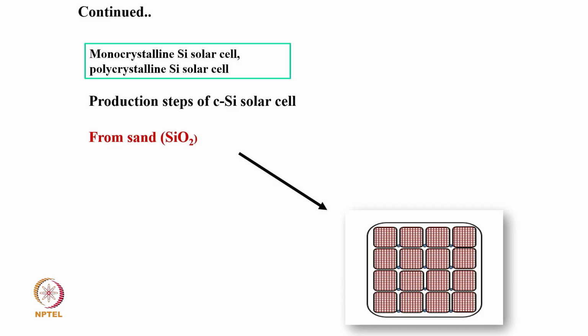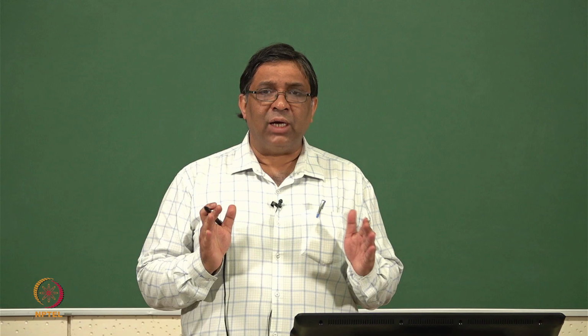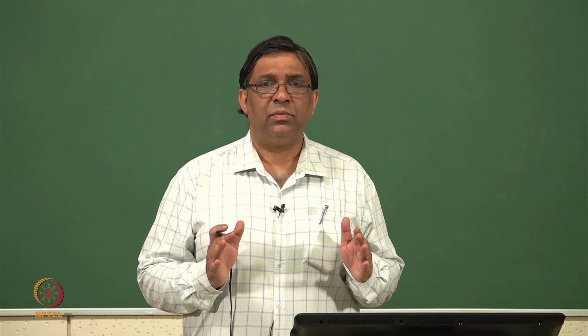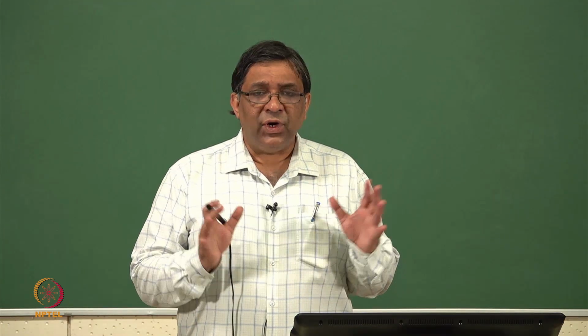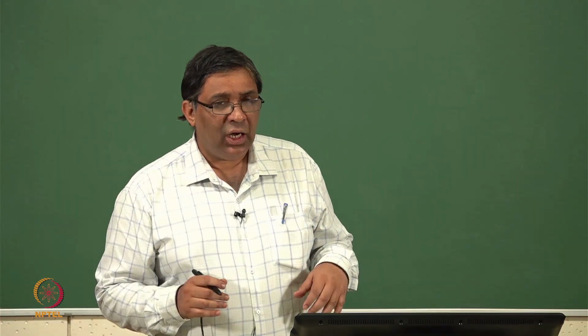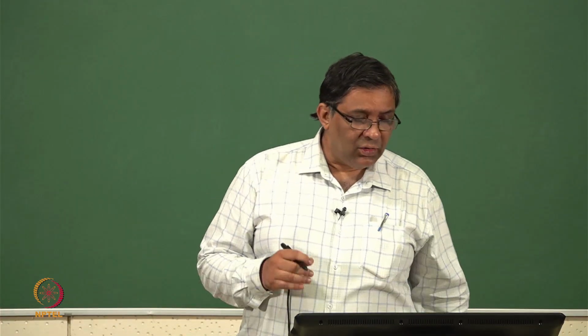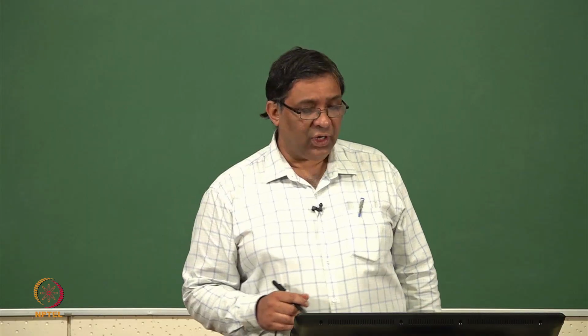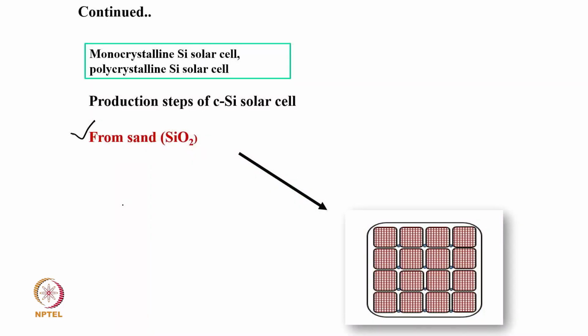So let us now look at this journey. As I mentioned, you have to start from sand and then go to a module. So what are the steps involved? First it starts with sand, and then what you require is purification of the sand. The first step is purification.